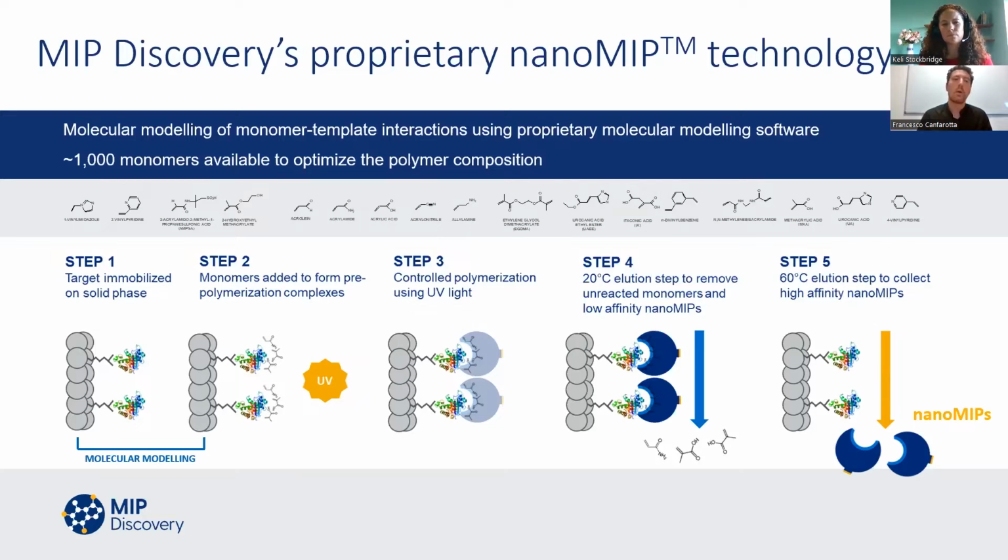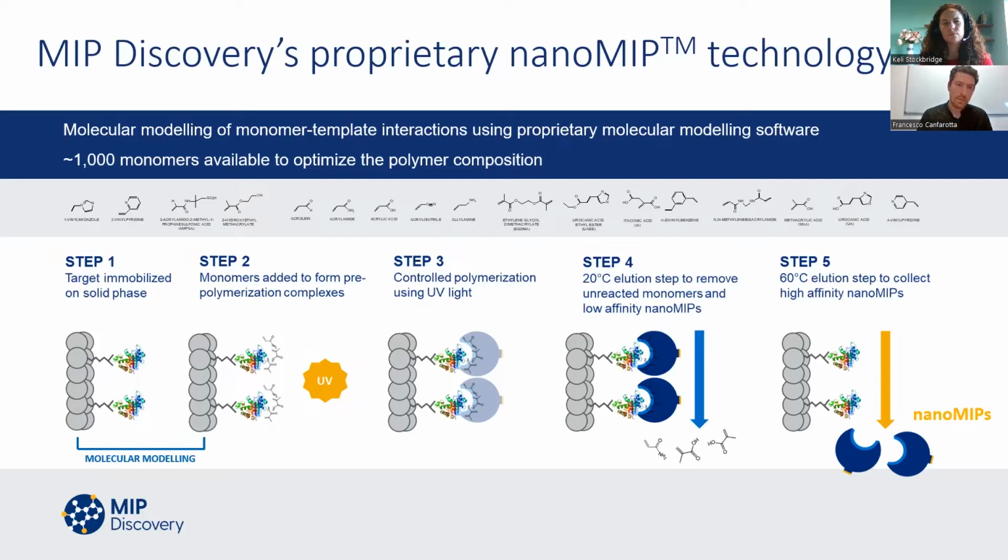First of all, it will allow us not to retrieve any residual template when we collect the high affinity nanoMIPs. So it makes sure that the final product is virtually free from template. And also it orients the presentation of the molecule, which means we're going to have a much more homogeneous distribution of binding site affinity in the resulting nanoMIP.